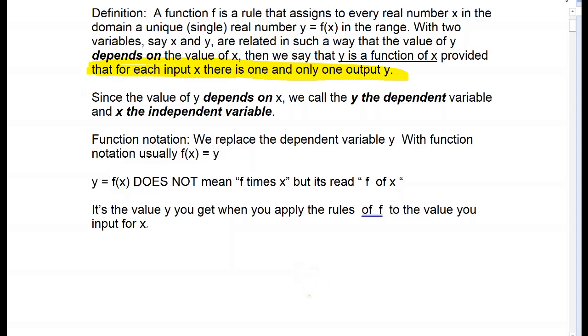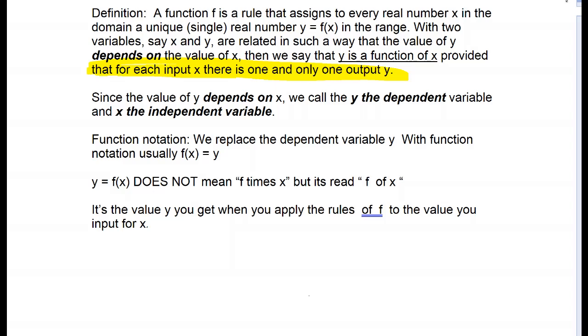So every x value I plug in, there is one and only one y value that comes out. And the y value depends on what x value I plug in. The rule is what you do. I take x, I multiply it by something, I add something to it, I square it, whatever, those would be the rules.